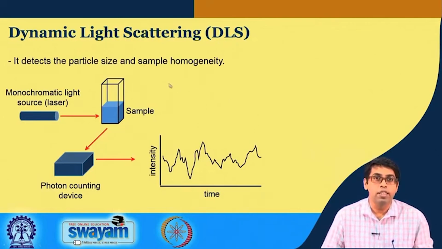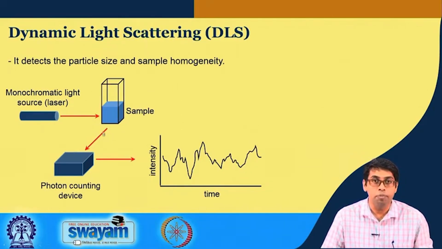Dynamic light scattering detects the particle size and sample homogeneity. Again, we want to know whether our protein is just a monomer or whether it has higher oligomeric states and things like that. The setup of this experiment is very simple.